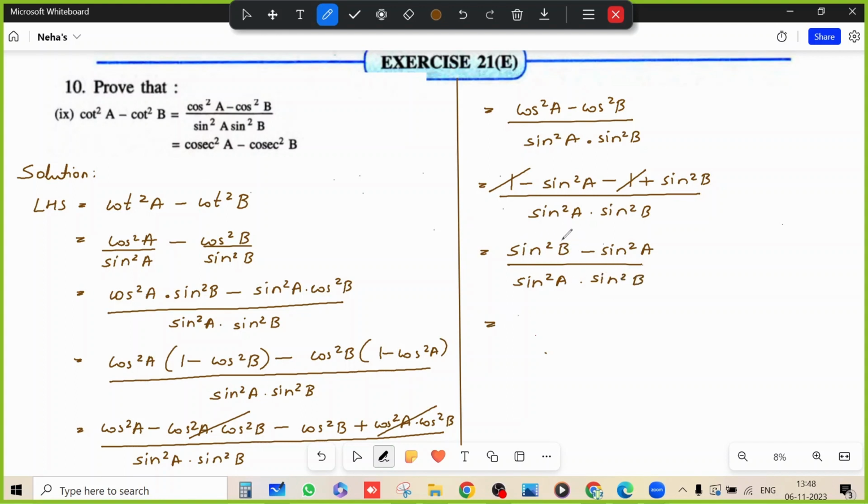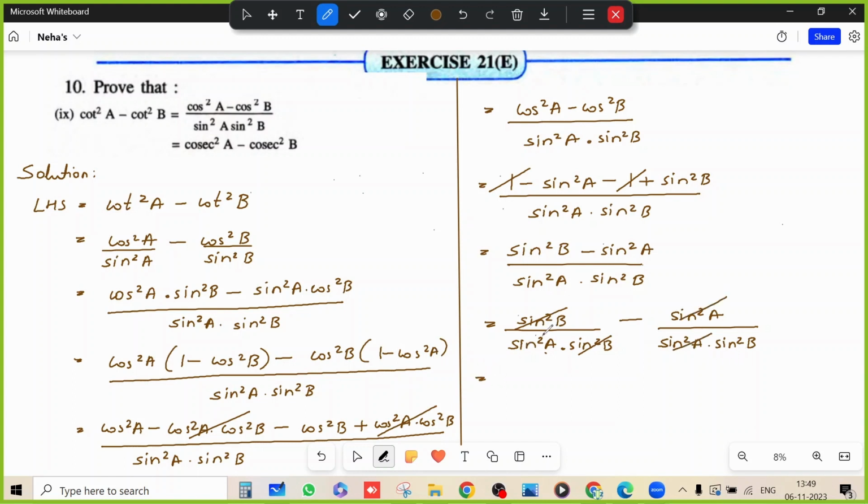Now we will divide the numerator by the denominator. So this will become sin square B divided by sin square A into sin square B minus, now this numerator will be divided, this will become minus sin square A divided by sin square A into sin square B. Now sin square B will get cancelled out, and here sin square A will get cancelled out.